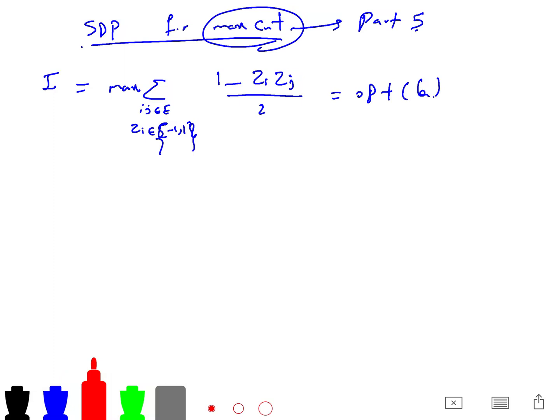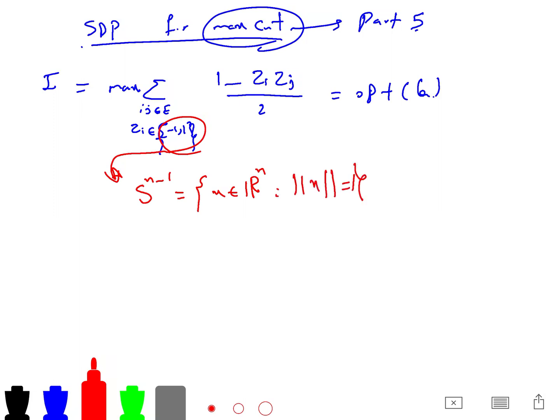The interesting thing is that this can be embedded into S^(n-1), which is all vectors of length 1. How do you do that? For example, minus 1 goes to 0, 0, 0, 0, minus 1. For 1, it goes to 0, 0, 0, 0, 1.